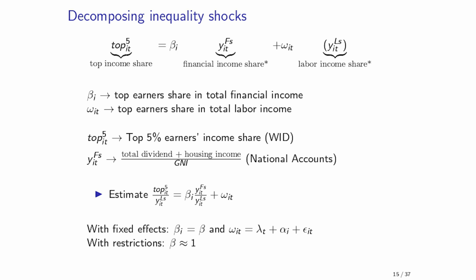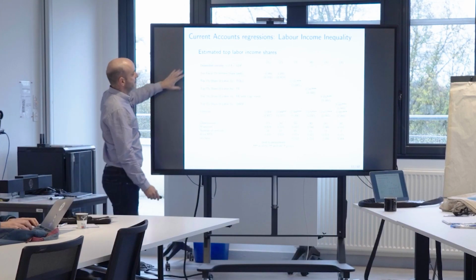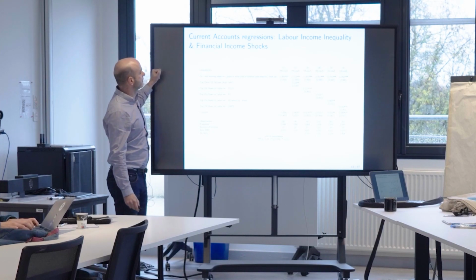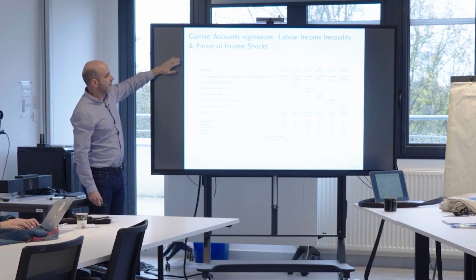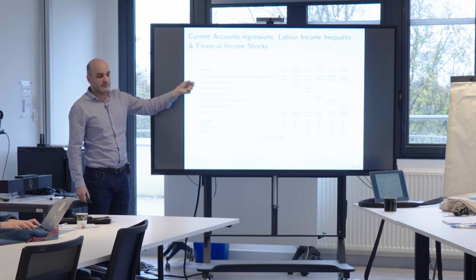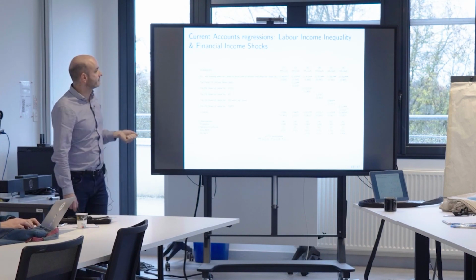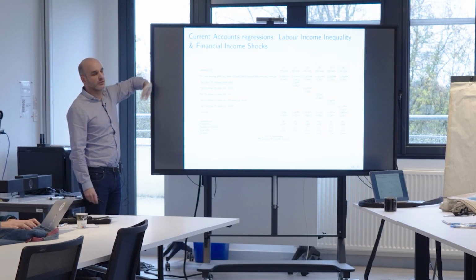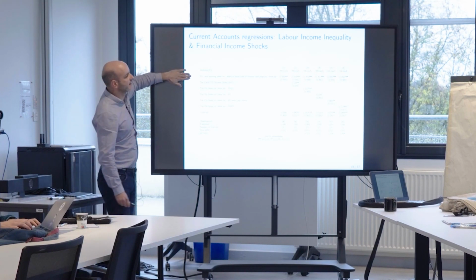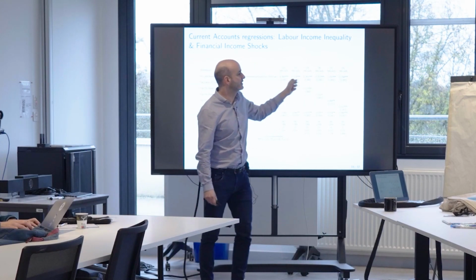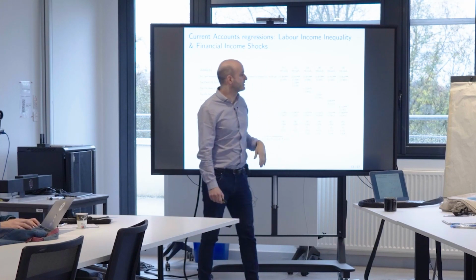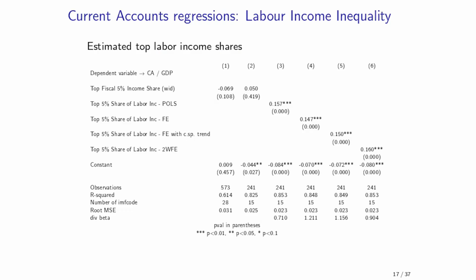What we can do is take this regression and add the top 5% financial share of total income, which goes mostly to the top earners. If we add that one to the same regression, it is significant with a negative sign, which is consistent with what I said before, but again, it's not a shock that is exactly symmetric to this one.